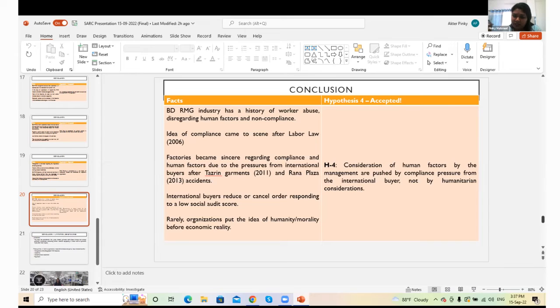Factories became sincere regarding compliance and human factors due to the pressure from international buyers after the Tazreen Garments and Rana Plaza accidents. International buyers reduce or cancel orders in response to a low social audit score. Rarely do organizations put the idea of humanity or morality before economic reality. So I can say that my number 4 hypothesis got accepted.